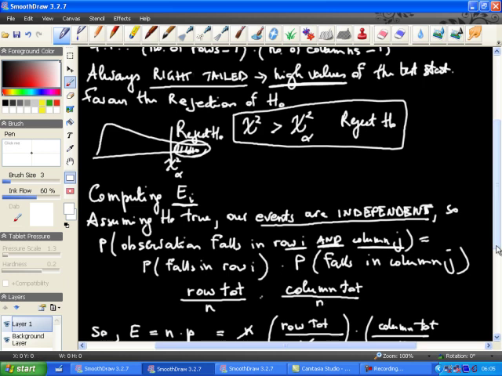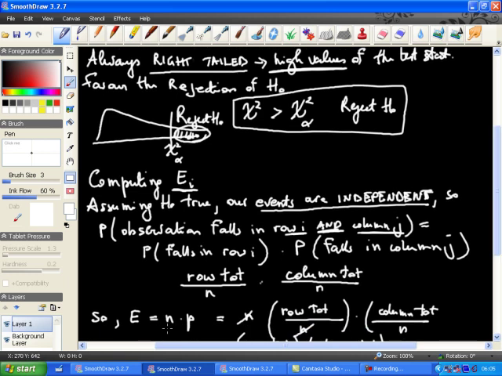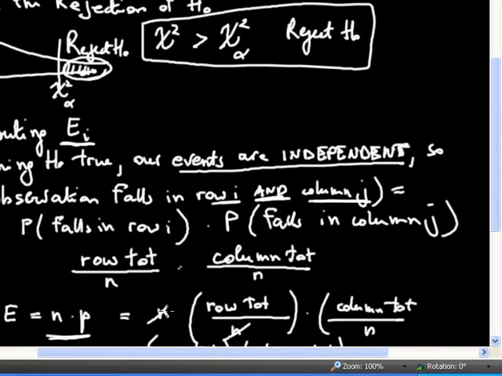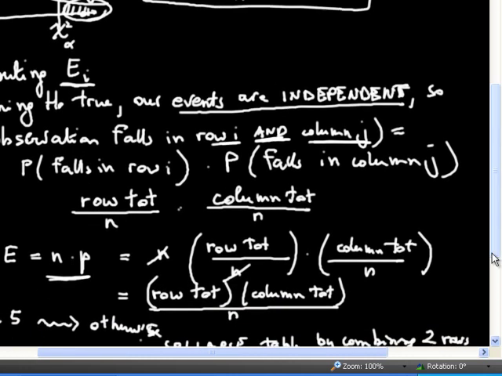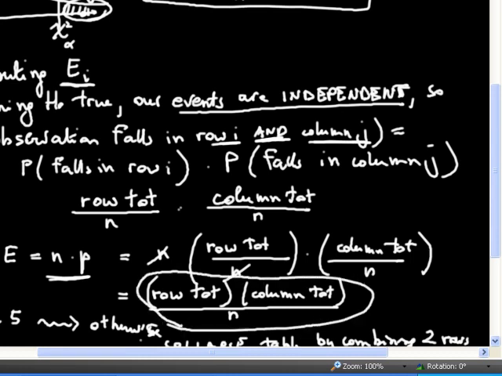Because the expected values are equal to n times p, when I multiply n times my probability, I get n times row total divided by n, and the n will simplify, times column total divided by n. And so in the end, the formula for E is row total times column total divided by n. In this way we can calculate all the expected values.